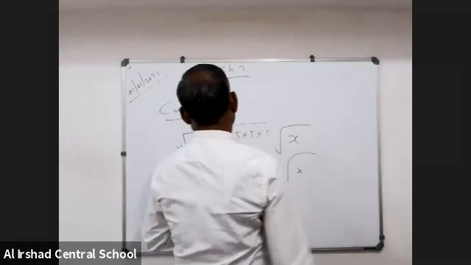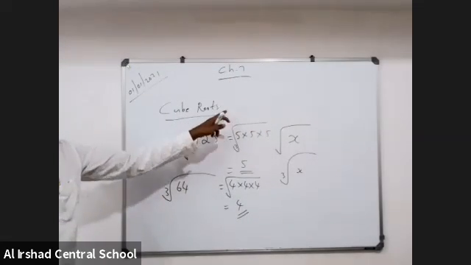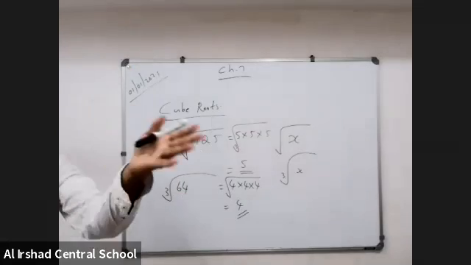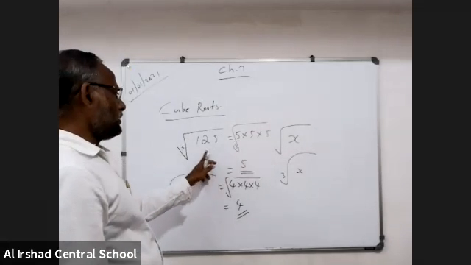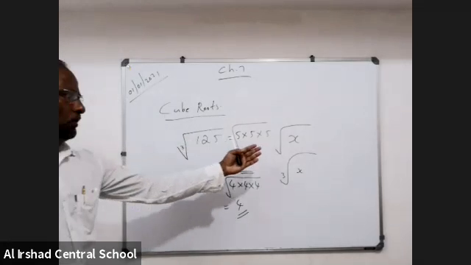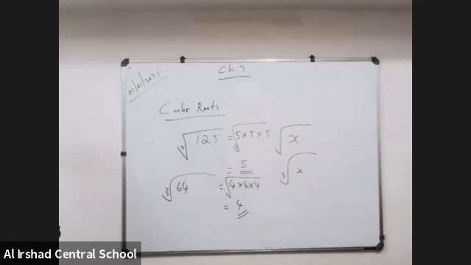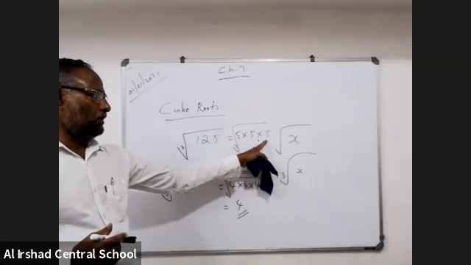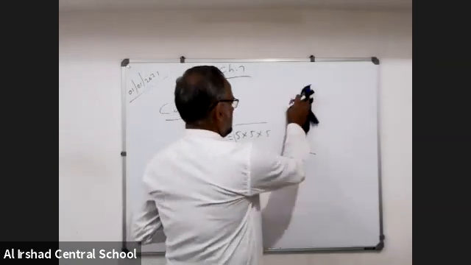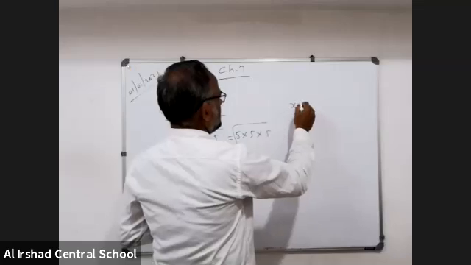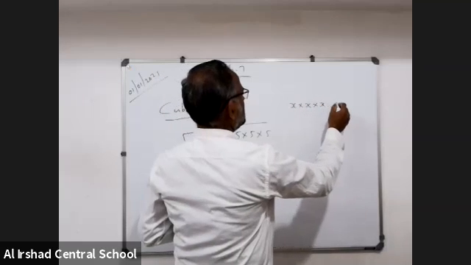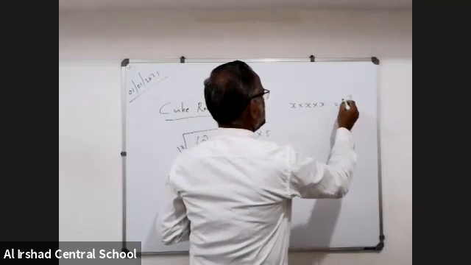Listen here. All of you write cube roots. Cube root means the reverse of cube. We are getting 5 into 5 into 5, 125. So cube root of 125 means 5. Remember that. Reverse. Now, here also, we can manipulate x into x into x. That is x cube.